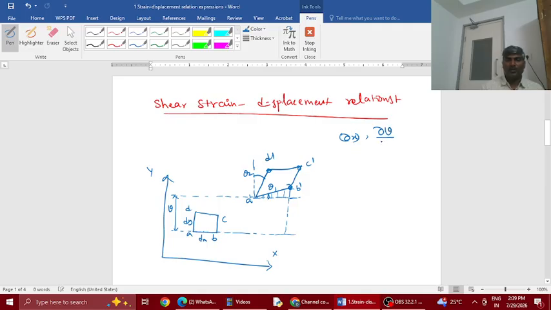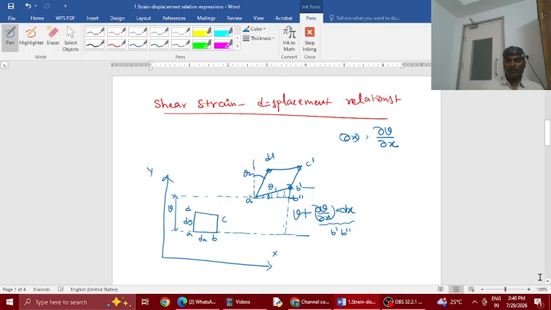So at what rate? It is dou v by dou x. For every dou x, there is a dou v value present here. So what will be this value? This is v, this total value I'm writing now, plus dou v by dou x, the rate of the vertical displacement, multiplied by the distance for which it is happening. So this is the b dash b double dash value.